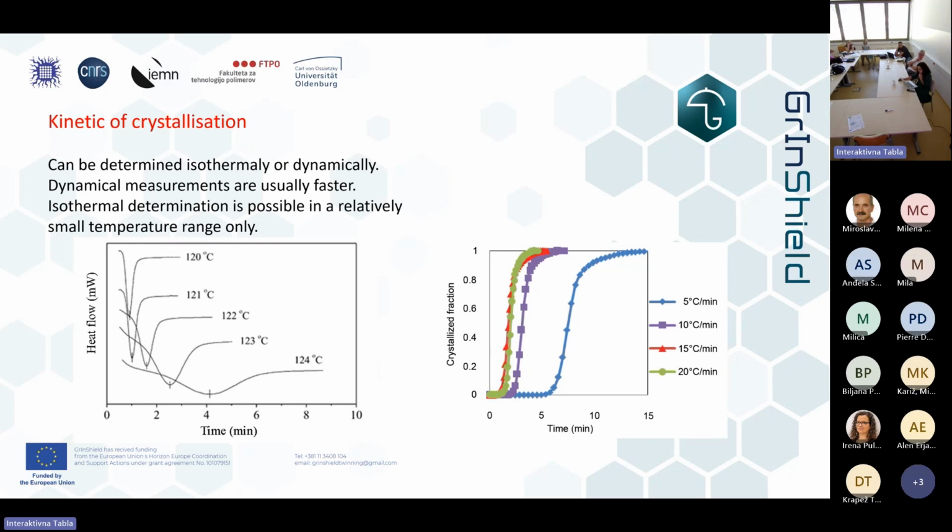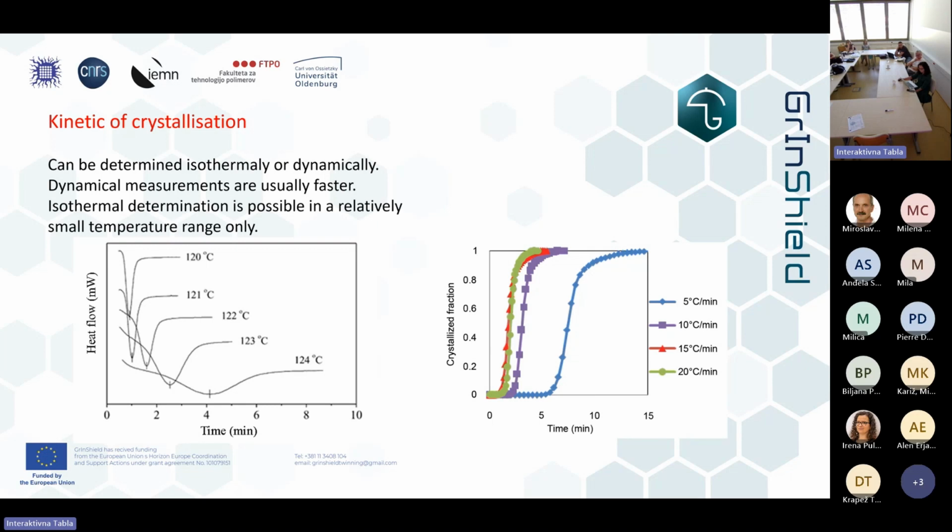Dynamical measurements are usually faster, and the problem with isothermal is that it can usually be performed only in a very small temperature range. And even here, when this crystallization is slow, the sensitivity of DSC is also questionable in this region.